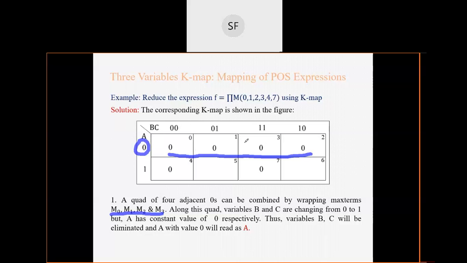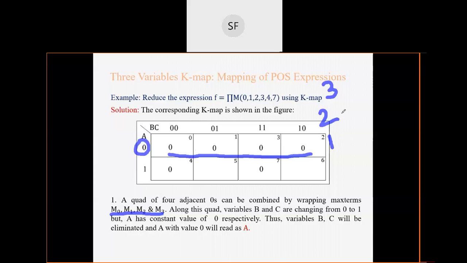And I already told you in the last session that whenever there will be a quad, then two variables will be eliminated. If there is an octet, then three variables will be eliminated, and if there is a pair, then one variable will be eliminated. And which variables will be eliminated?